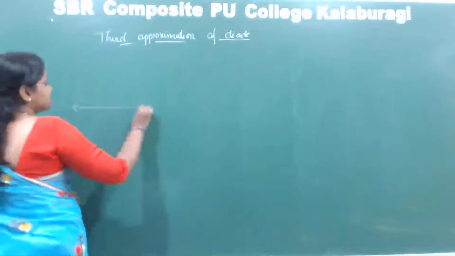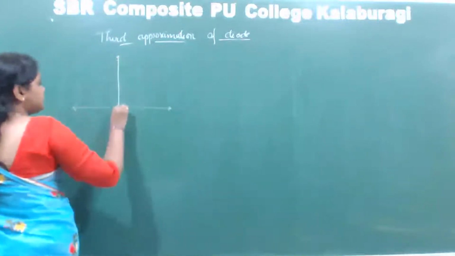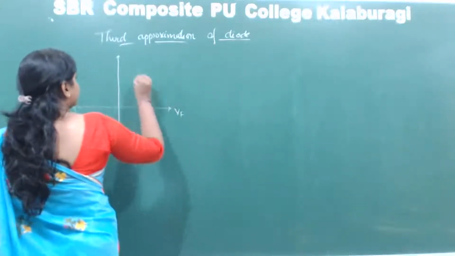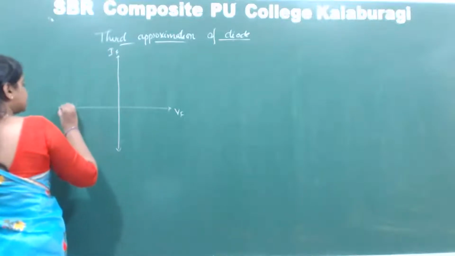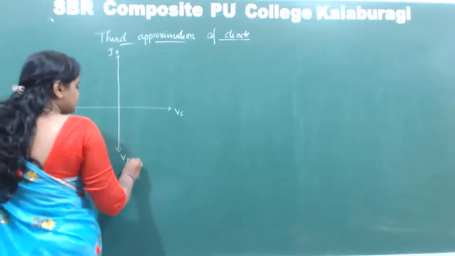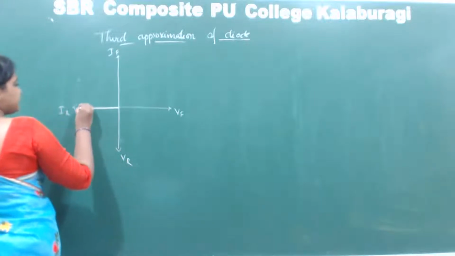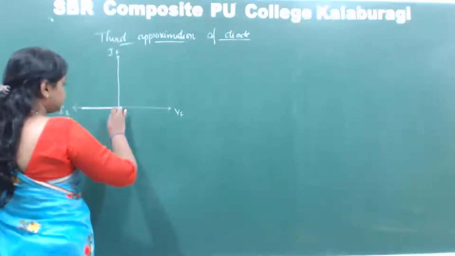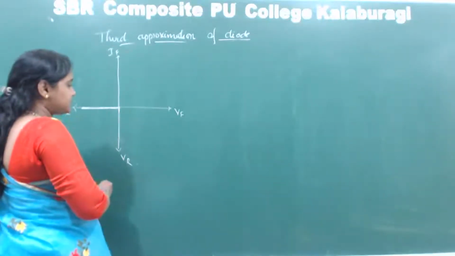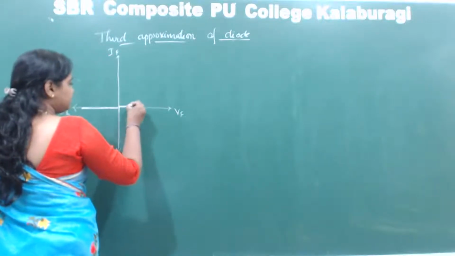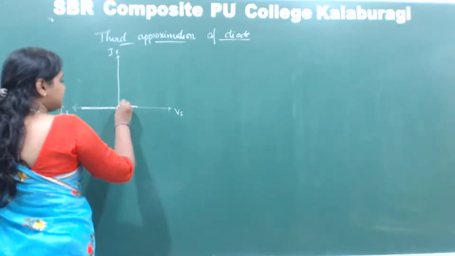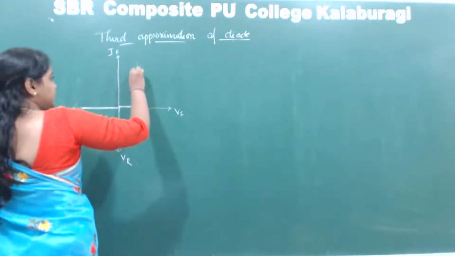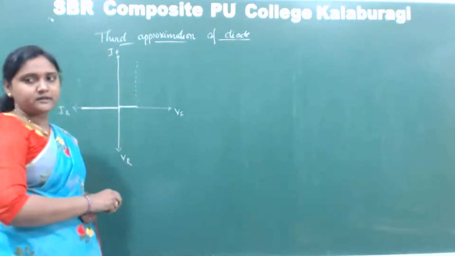Considering the graph, first of all, characteristics of the same class: forward voltage, forward current, reverse voltage. In the reverse bias, we consider it as not conducting. But in the forward bias, what happens? We have already seen the second approximation, where it does not conduct up to the barrier potential. Okay. And in the second approximation, we said that it immediately starts conducting.